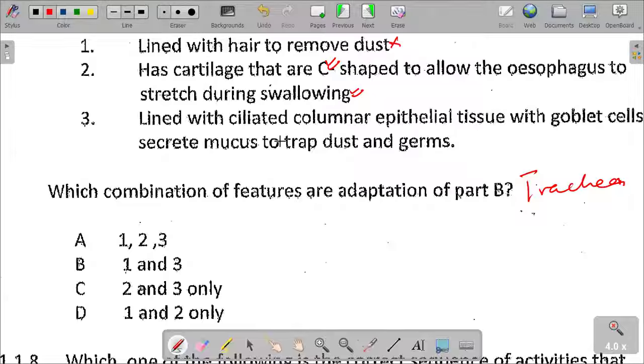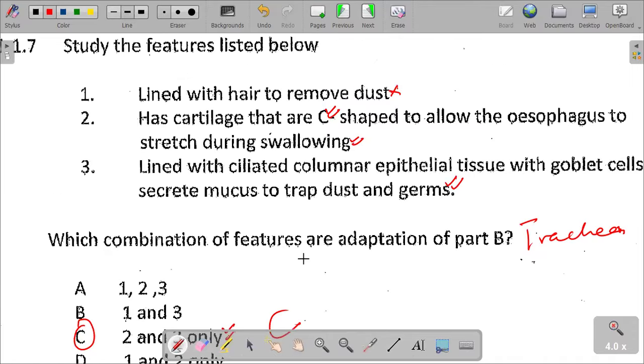Lined with ciliated columnar epithelium tissue with goblet cells that secrete mucus to trap dust and germs is also correct. So our answer is C, which is 2 and 3 only. They are the ones which explain the trachea.